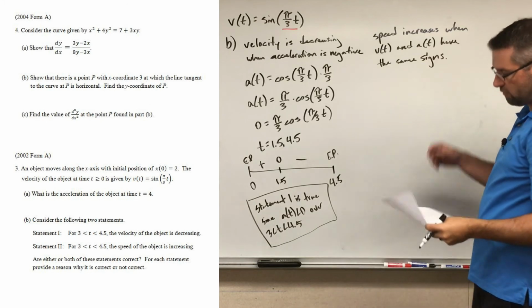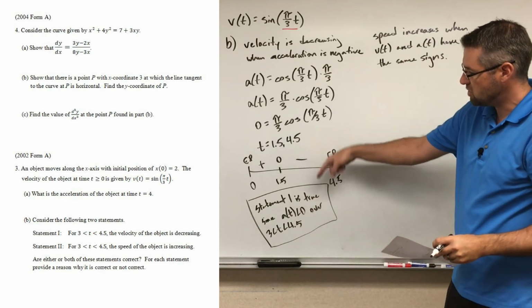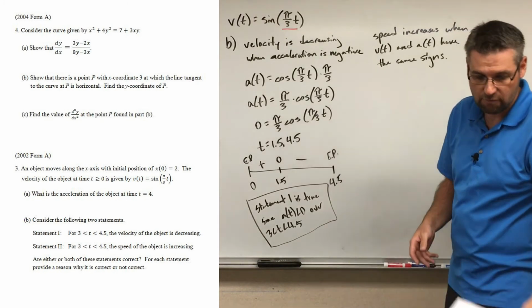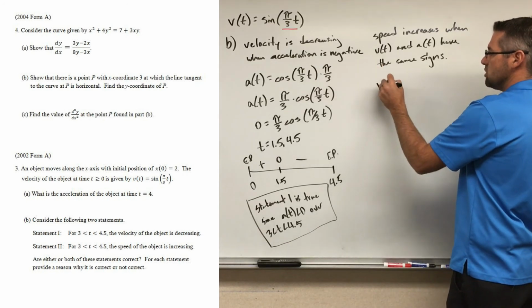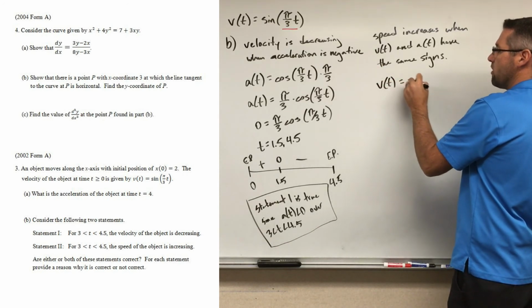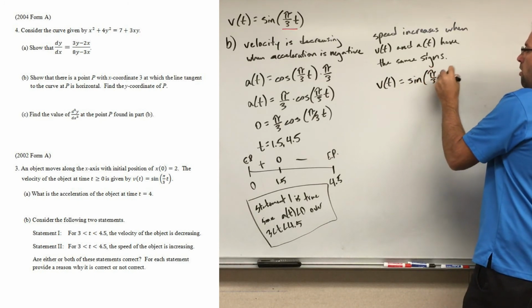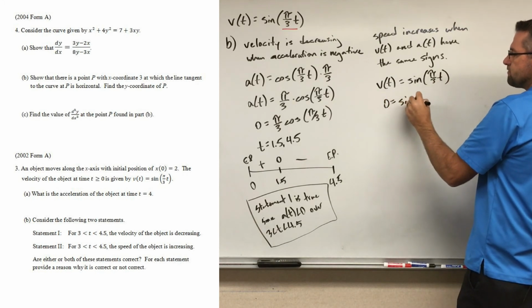Well, over the interval of 3 to 4.5, we already know that the acceleration is negative. So now we've got to figure out if the velocity is negative there. So we'll go ahead and take our velocity function, and we'll find out where that is positive and negative.